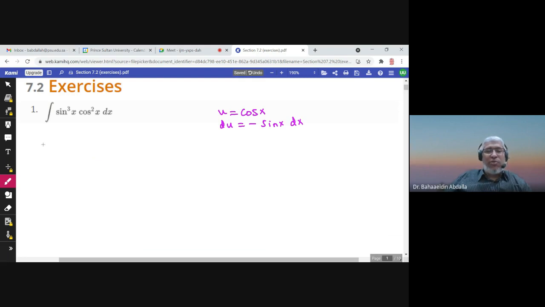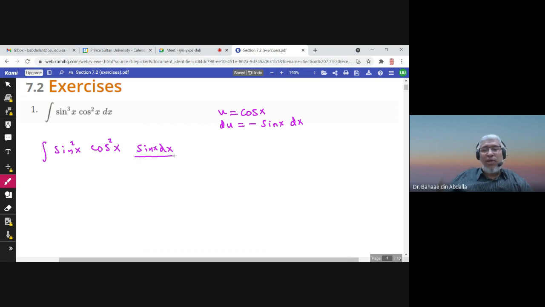So I start by taking one sine of the three sines we have, or one sine of sine cube, and put it beside the dx. Okay, and then I still have sine square x. Now sine square times sine will give you sine cube, and I also have cosine square.